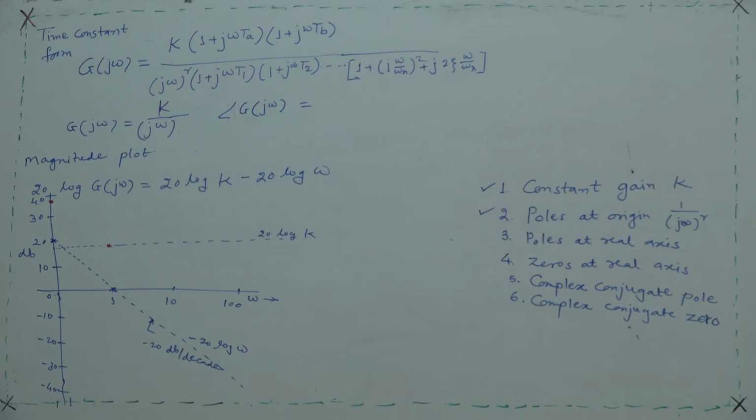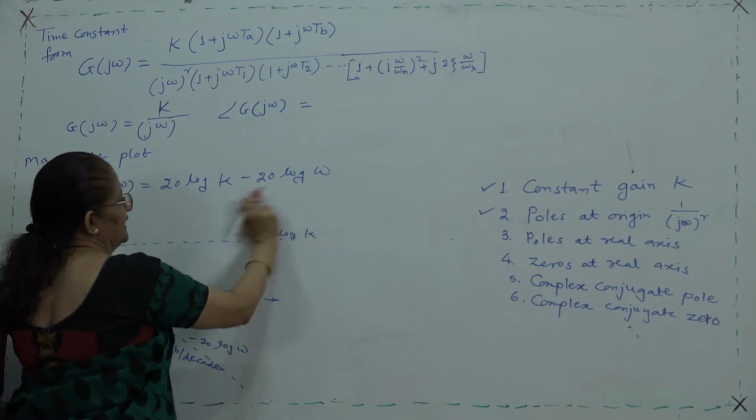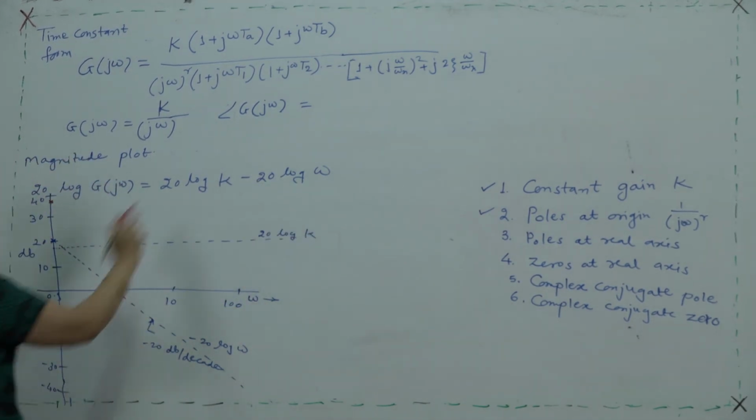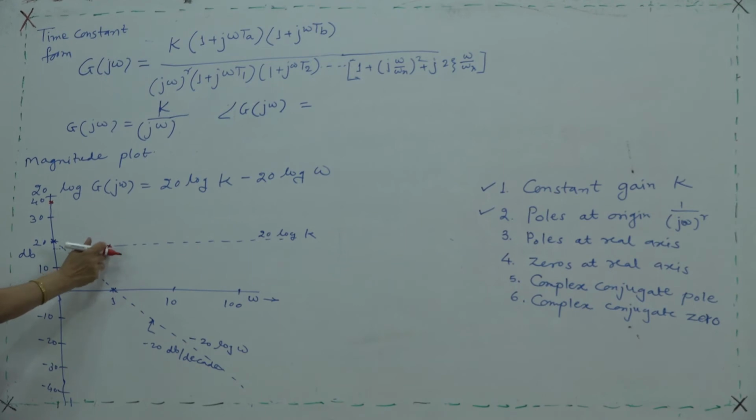So, what you have to do? Draw a parallel line. Parallel lines means what I want to say, that slope of the line is minus 20 dB per decade. So, at 1 it is 20 log of K. Why? Because it is 0. If this is 0, you will get 20 log of K. So, this is 20 log of K term. So, one point you got here, one point you got here, and then you connect these two.